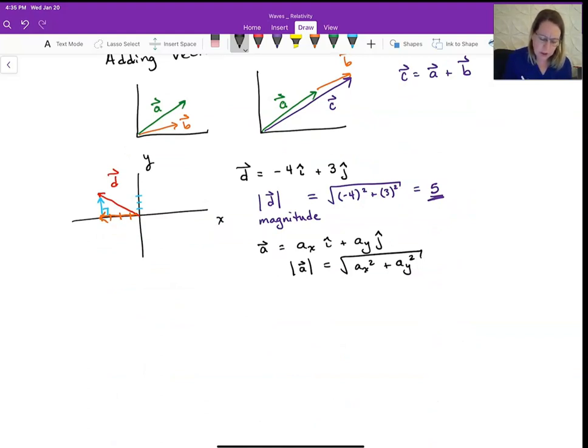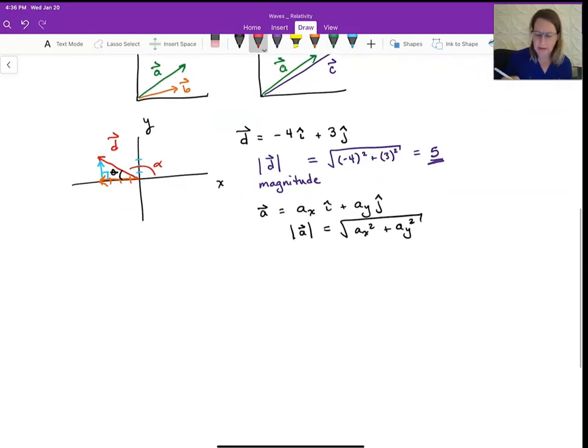To find the direction, we can ask, what is this angle? And that would give us a direction. Okay? Or we could also ask, what is this angle here, say angle alpha. I'm going to ask what is theta, but you could ask the other question.